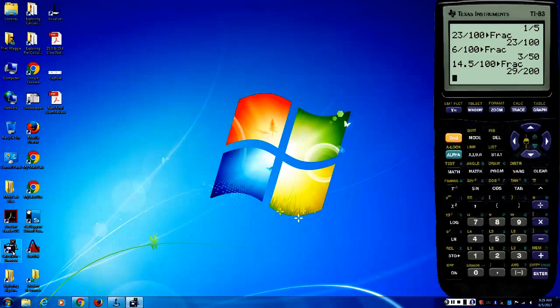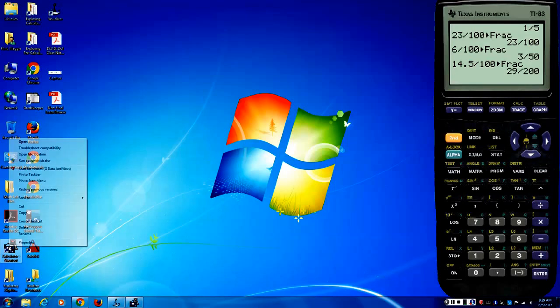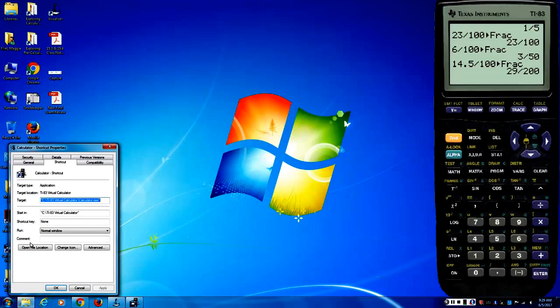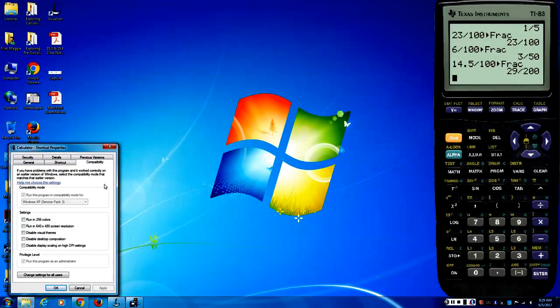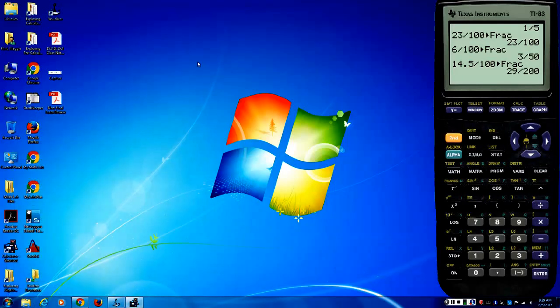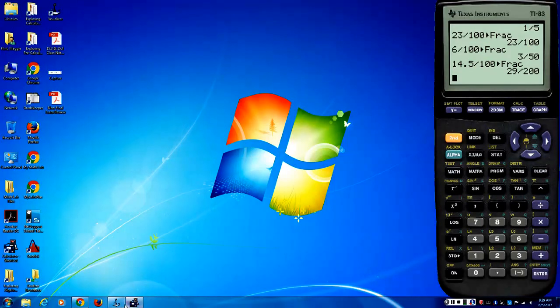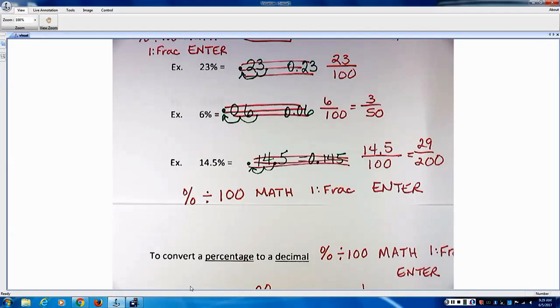If it won't open when you double click it, all you need to do is right click and go to Properties and click the Compatibility tab, and just make sure that box is checked where it says Compatibility Mode, and then apply it. And if anybody needs help with getting the calculator to work on your PC, I'll be glad to help you with that.